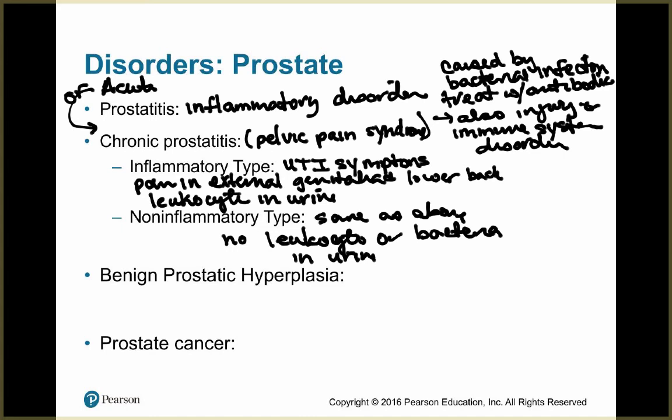Now, there's also benign prostatic hyperplasia, and this may be age-related. It's basically when there's a distortion in the urethra, or this problem distorts the urethra.